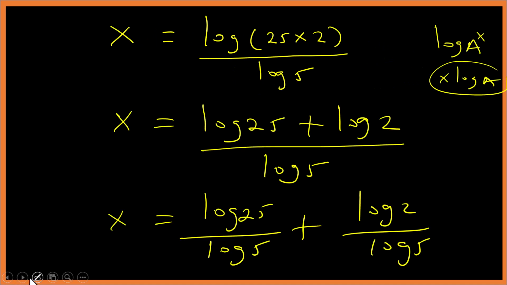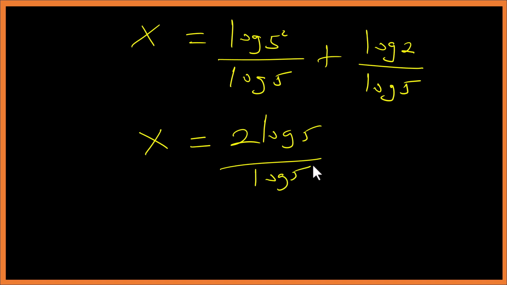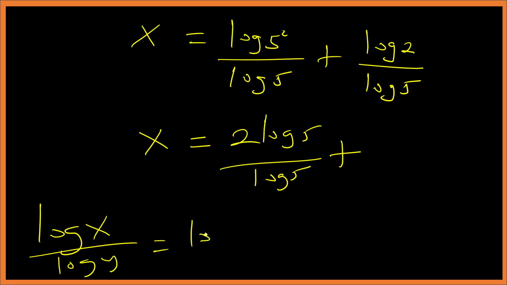So let me confirm. Okay, so from here x is the same as 2 log 5 over log 5, using the power rule, plus, now when we're given log x over log y, it's the same as log x to base y.